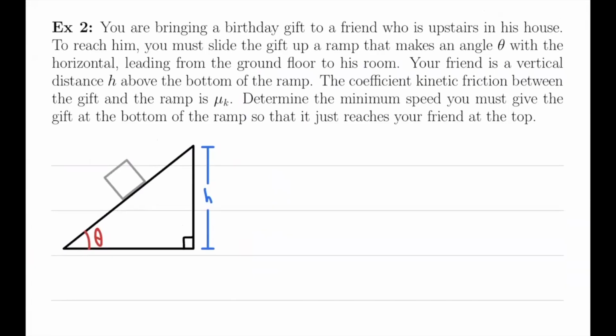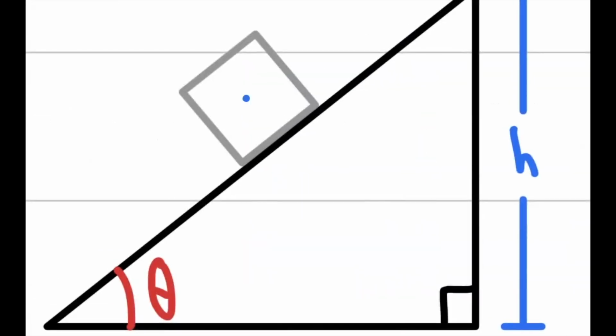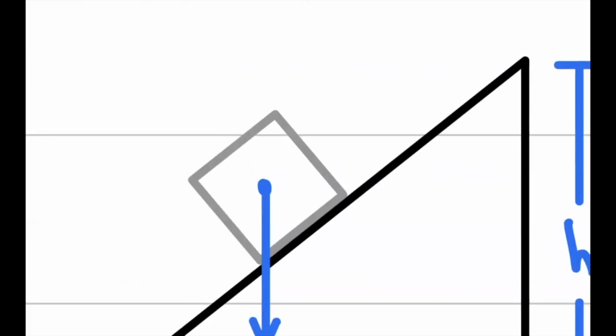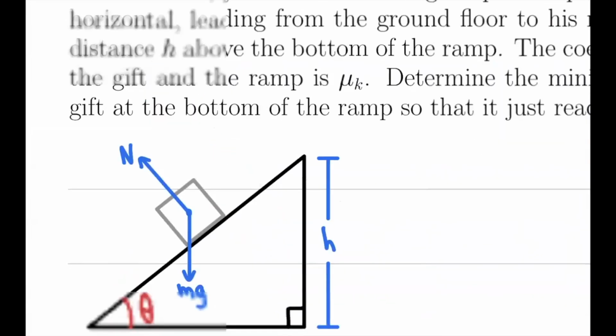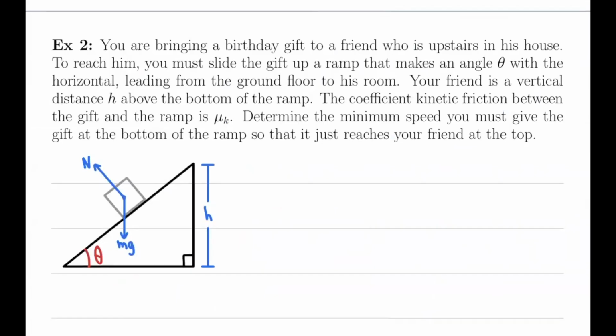So what forces are acting on the gift? We can have gravity and the normal force again. Yes, we have mg downward. We have normal force perpendicular to the ramp. And we have a coefficient of kinetic friction, so there's going to be some kinetic friction. The question is, in which direction is the kinetic friction?